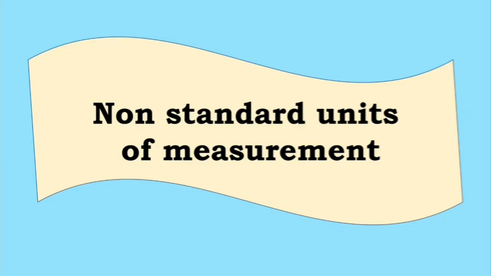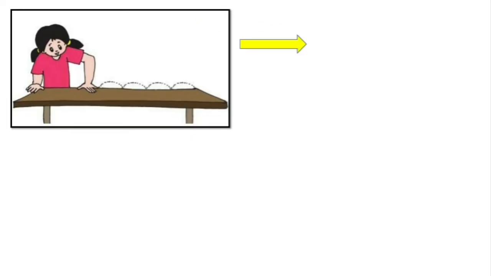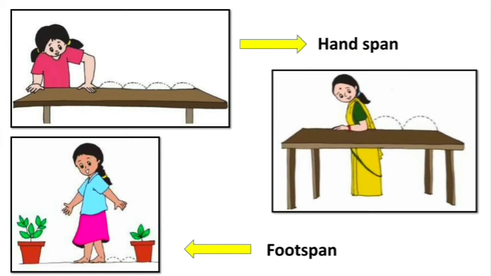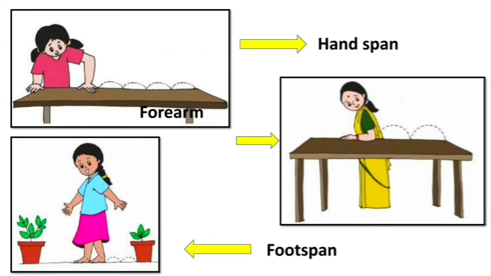Non-standard units of measurement. Children, we can use the hand span, the foot span, or the forearm or cubit to measure smaller lengths. Hand span is the distance from the tip of the thumb to the tip of the little finger on an outstretched hand, as shown in this picture.